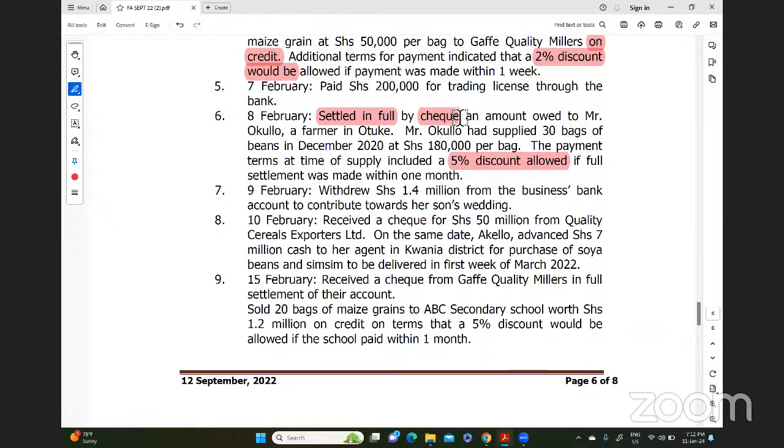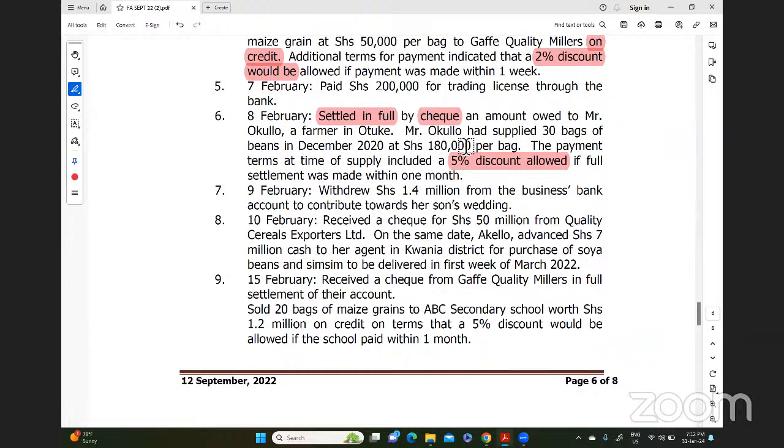Yes, please, someone had a question? Okay, maybe not. So how much is Akelo going to pay? It is 180,000 per bag. So 180,000 times 30 bags, what do we get? 5.4 million.